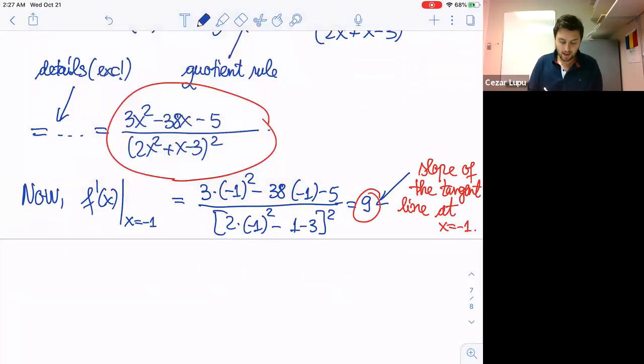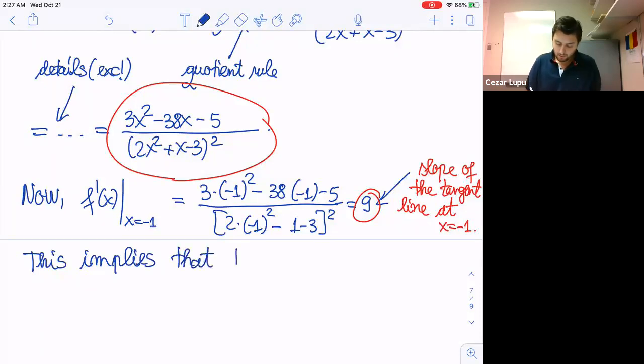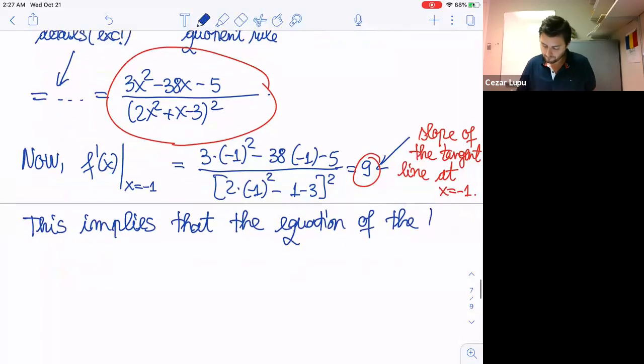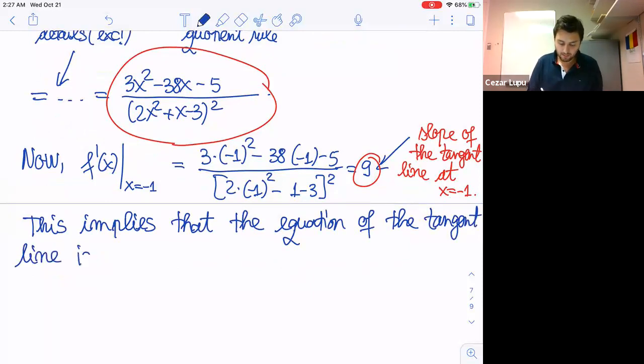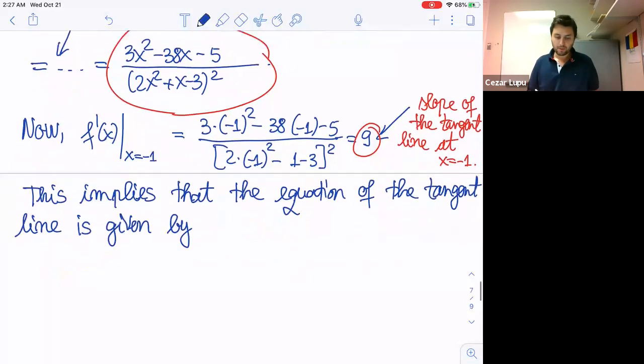This implies that the equation of the tangent line is given by the following.